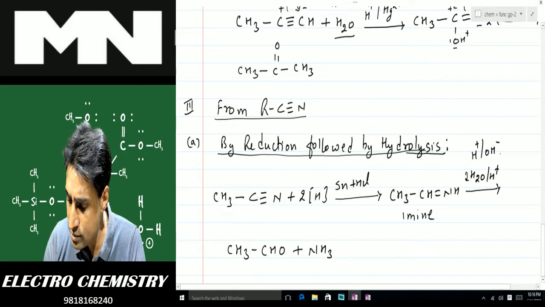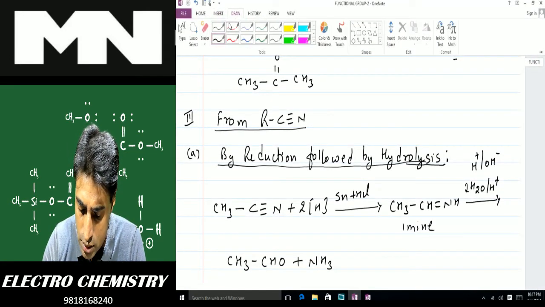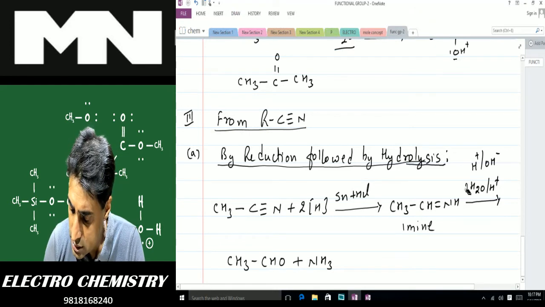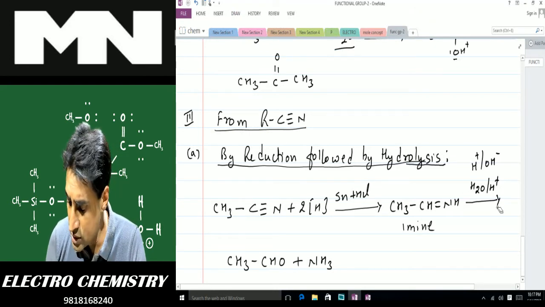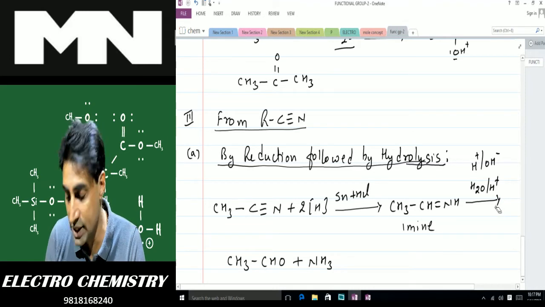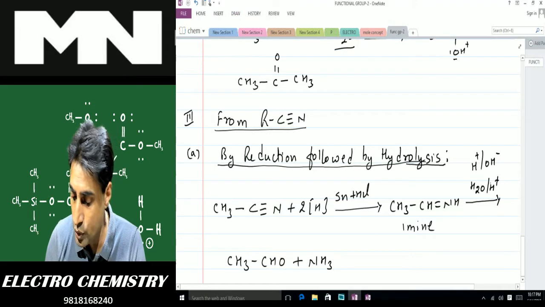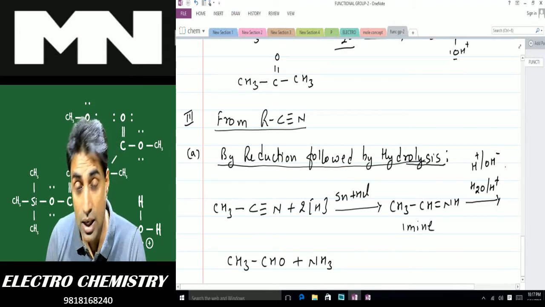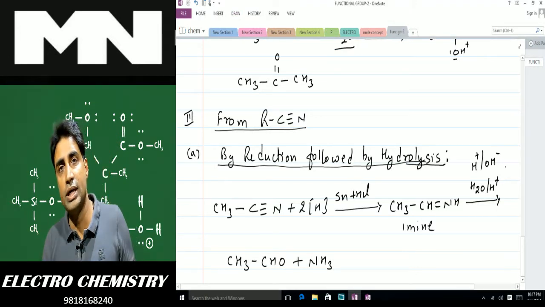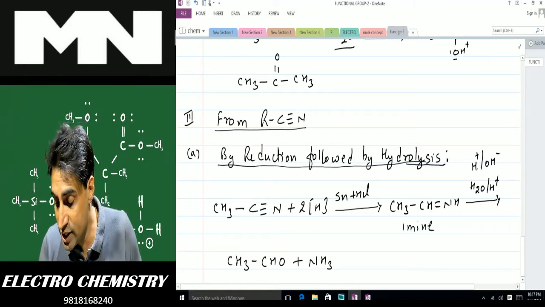Or we can say we'll simply take one water molecule in this case, because it is getting balanced by one water molecule. So simply add dilute acid. So one water molecule is going to react. Let me make it more clear how it actually happens. Initially, water will break up into H positive and OH negative.